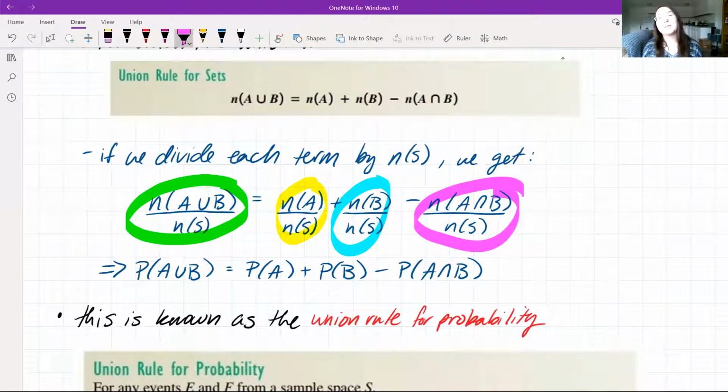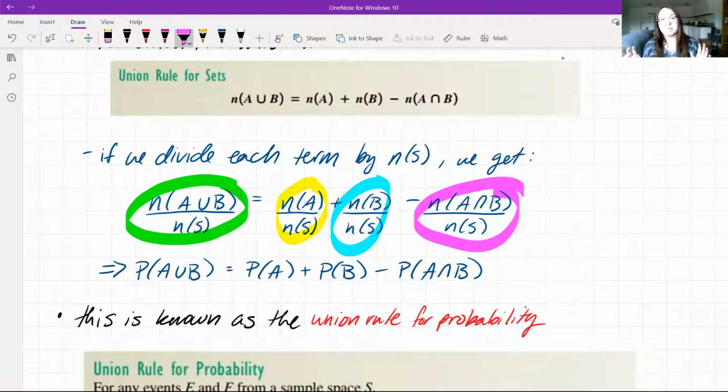Since each one of these looks like that, we can replace it with our basic probability principle. If we do this, we get the probability of A union B is equal to the probability of A plus the probability of B minus the probability of A and B, or A intersect B. This is known as the union rule for probability.